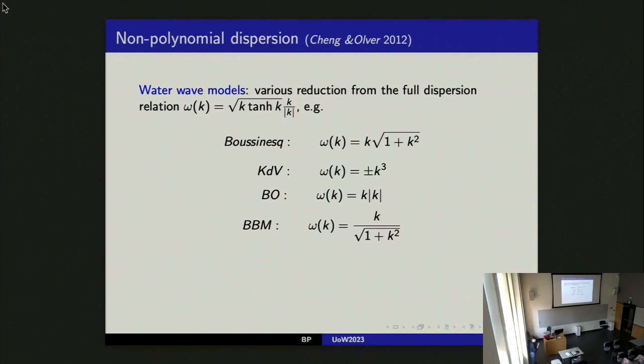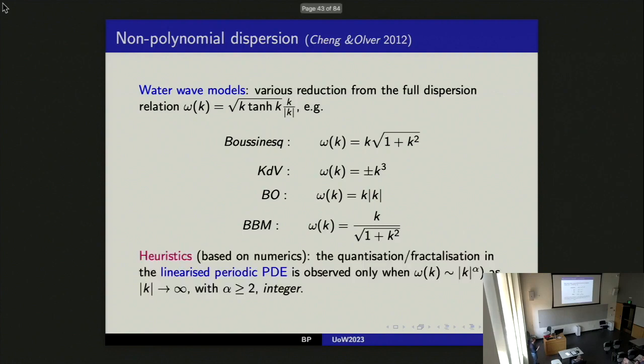So Peter Olver, after he found this linear dispersive quantization phenomenon for Airy, with a student, Gong Cheng, did quite an exhaustive numerical exploration of what happens if you start with a discontinuous initial condition and you have an evolution with this kind of dispersions.